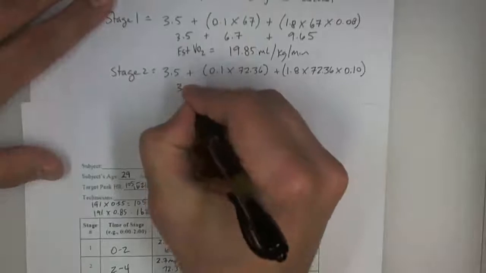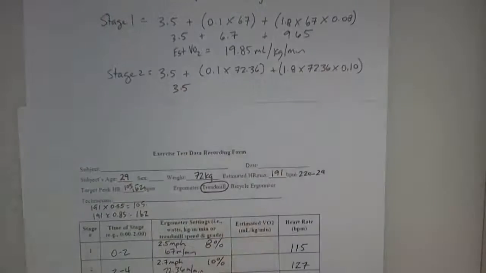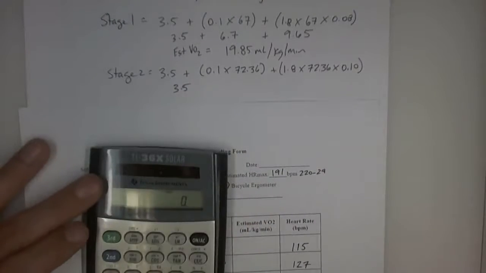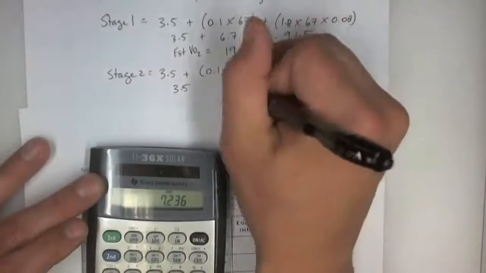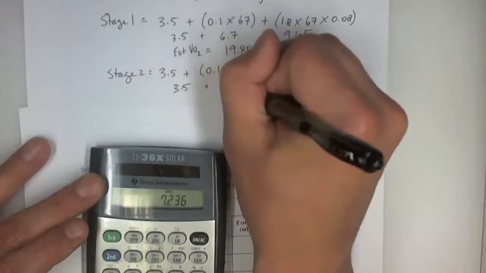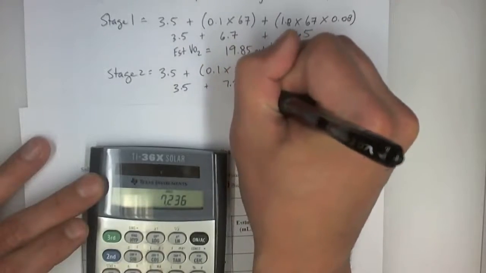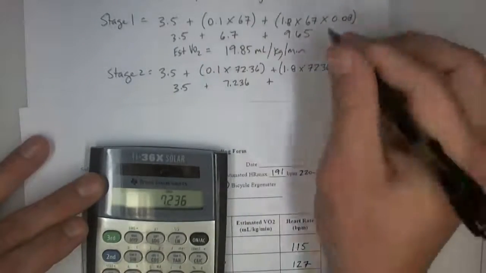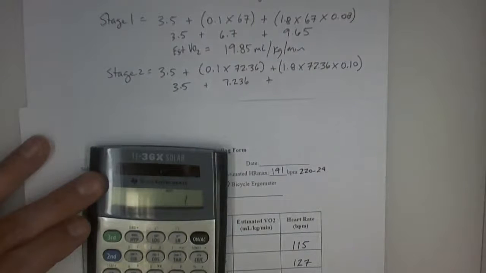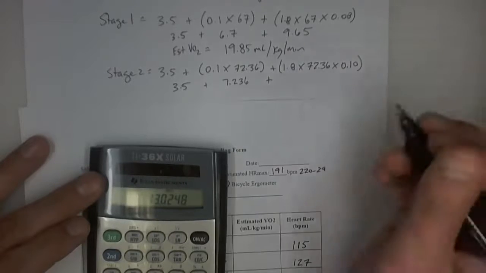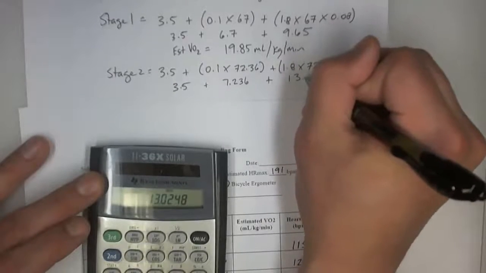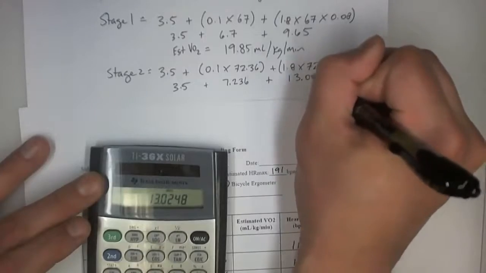Again, we can add these up, 3.5. Again, you can type this into the calculator or you can just move the decimal. 0.1 times 72.36 gives us 7.236 plus 1.8 times 72.36 times 0.10 gives us 13.02.